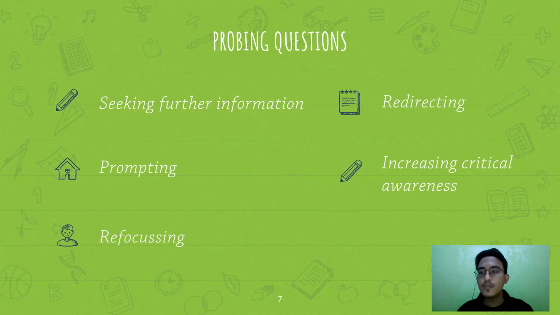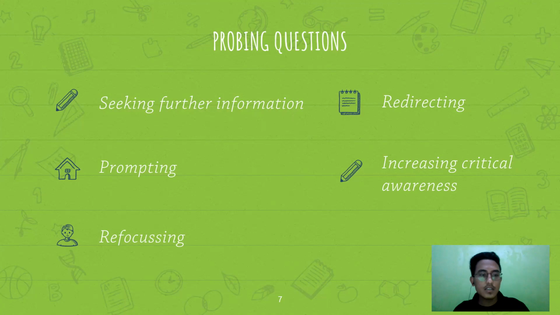This skill allows the teacher to probe the student's knowledge. By prompting the student, the teacher is not giving the answer, but leading the student to answer the question correctly.